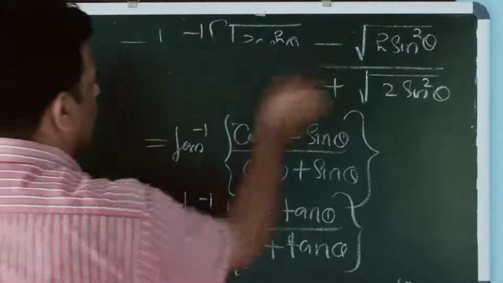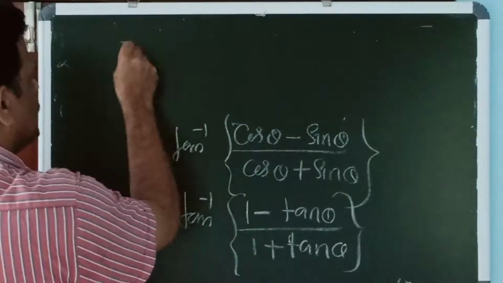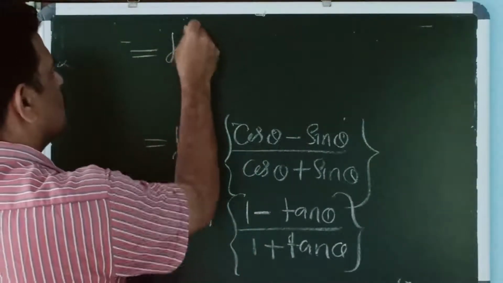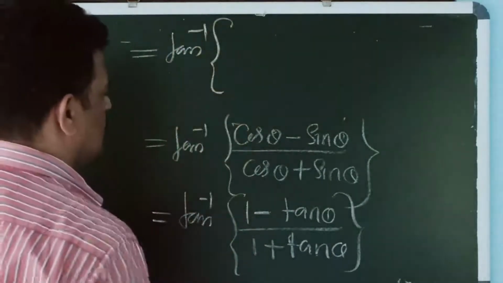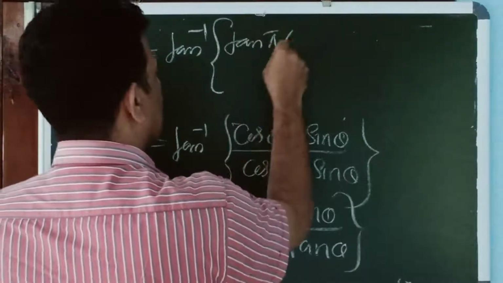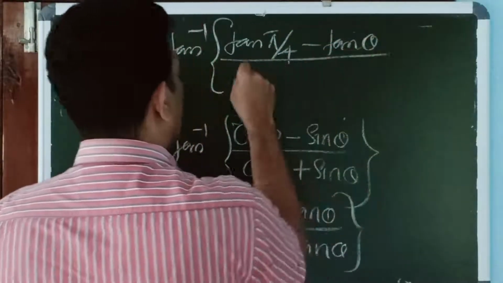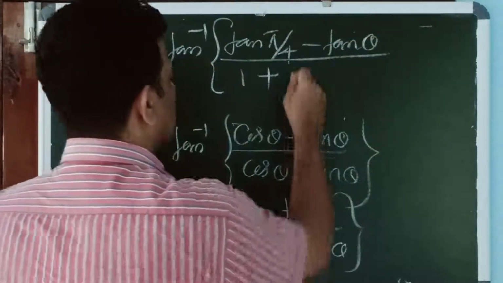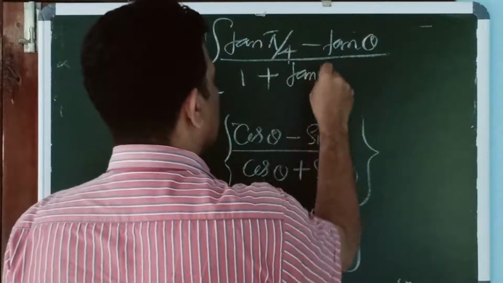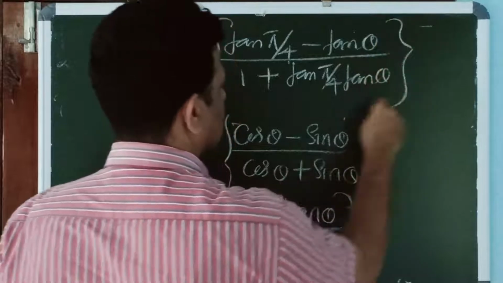Now, we can write it. That is tan inverse of, 1 can be tan pi by 4, so tan pi by 4 minus tan theta divided by 1 plus tan pi by 4 into tan theta, because tan pi by 4 is 1. We can write like this.